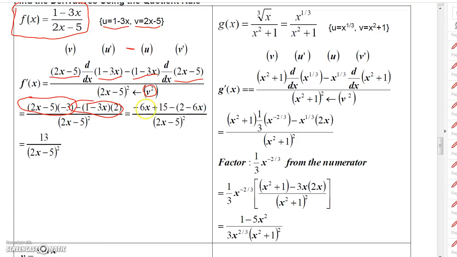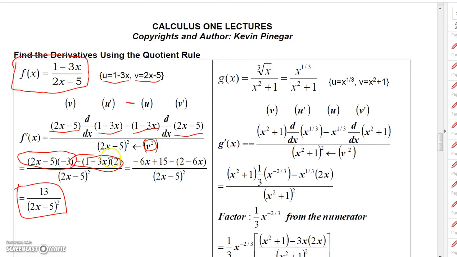And you get minus 6x plus 15 minus the quantity 2 minus 6x. It turns out that the minus 6x and the plus 6x, which is what you'll get here, will cancel, and you'll have 15 minus 2, which is just 13 for the numerator. So your answer is going to be 13 over 2x minus 5 quantity squared.